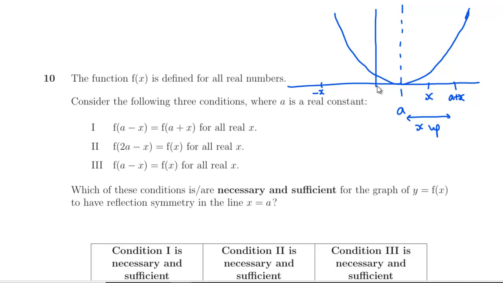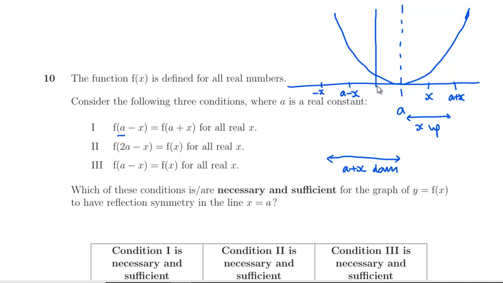So going from a down to minus x is a plus x down, and then we go a up, which will mean that a minus x is going to be x down. A minus x is a up from minus x. Yeah, so that works fine.